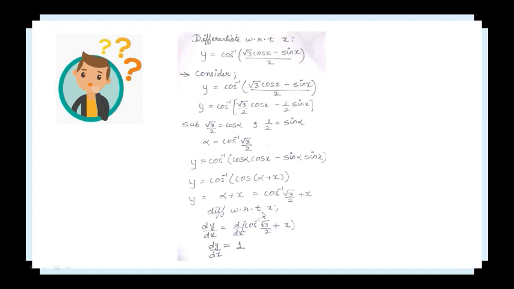We will differentiate, so dy by dx will be d by dx of cos inverse of root 3 upon 2 plus x. I have applied the addition rule of differentiation. The derivative of the constant, with no variable in it, is 0, and the derivative of x with respect to x is 1. So dy by dx will be 1.